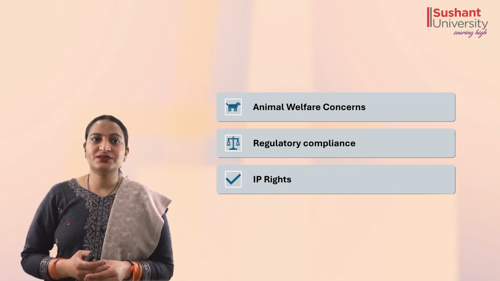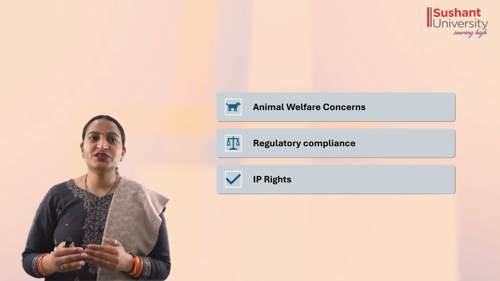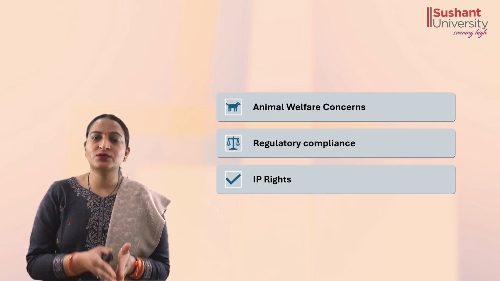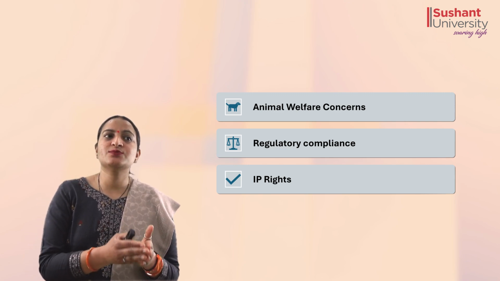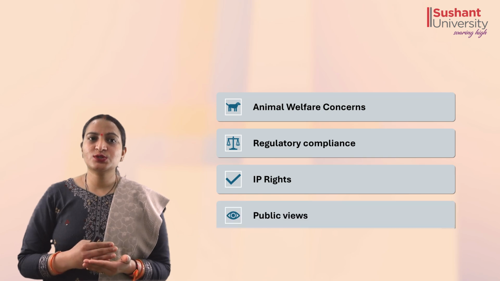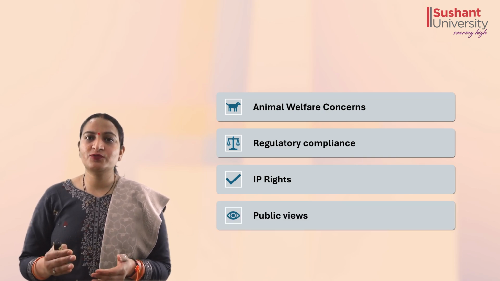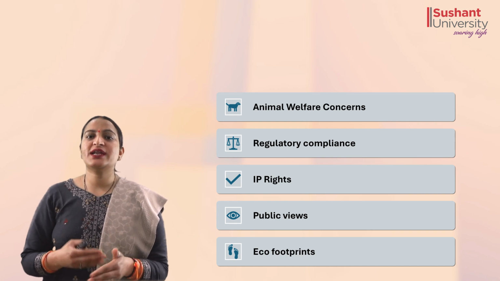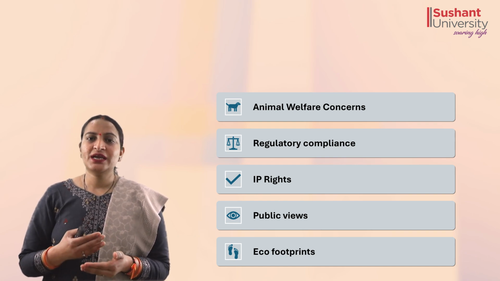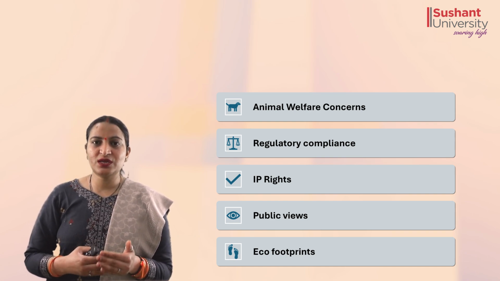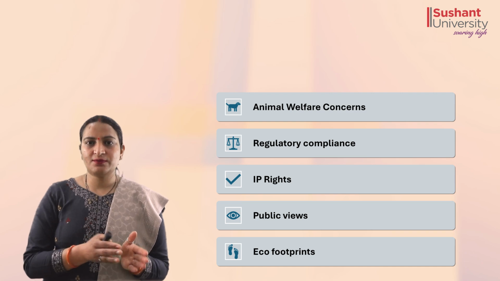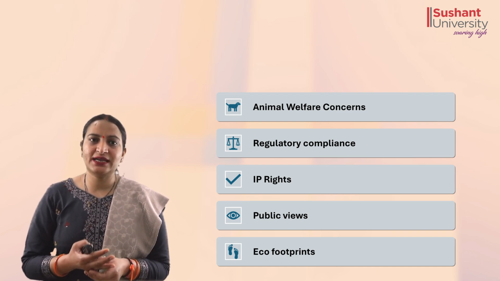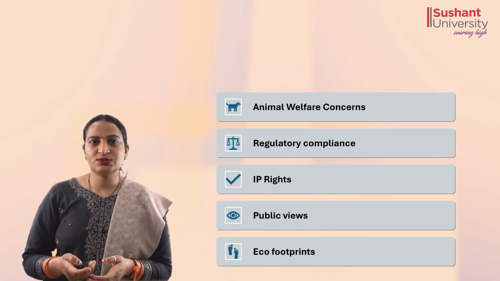Next is IP rights. We should not infringe any kind of rights while we are executing these monoclonal antibodies. We should also consider the public views and eco footprint of the particular region in which we are executing this monoclonal antibodies production. For example, in India, cattle are sacred, so we cannot use them for the production of monoclonal antibodies. It may cause a severe chaos in the society.